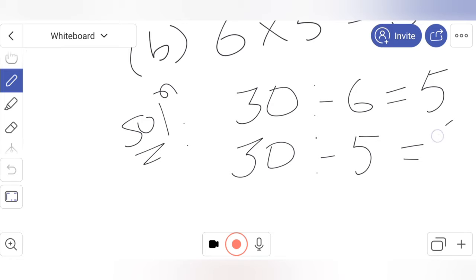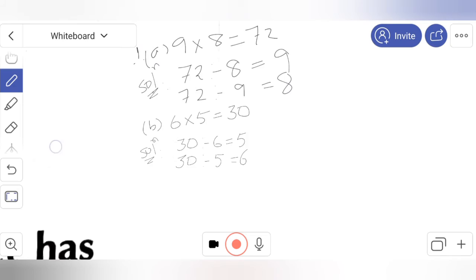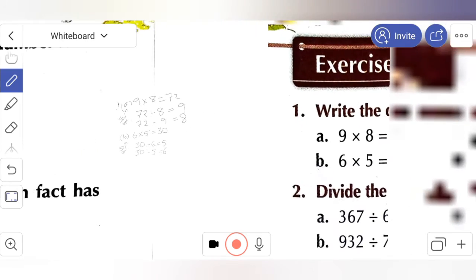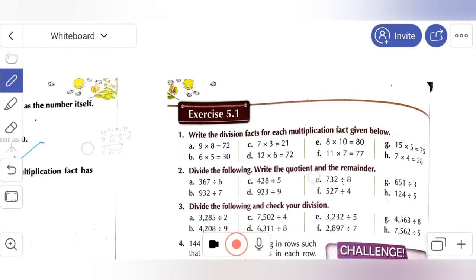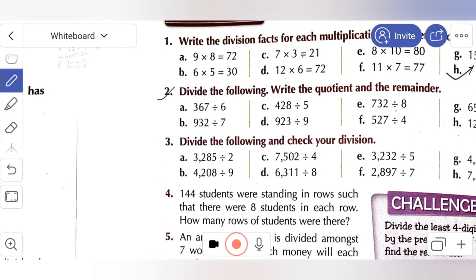It will give 6. So like this, okay, you have to do like this. All of them will be similar, so the rest will be your homework. Clear? Then now I will show you question number 2.